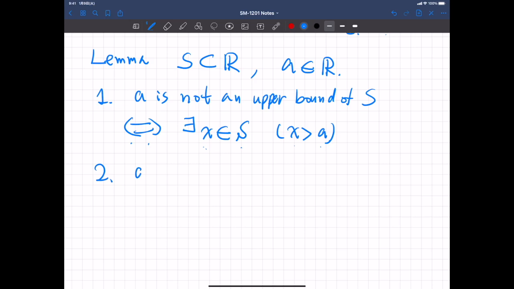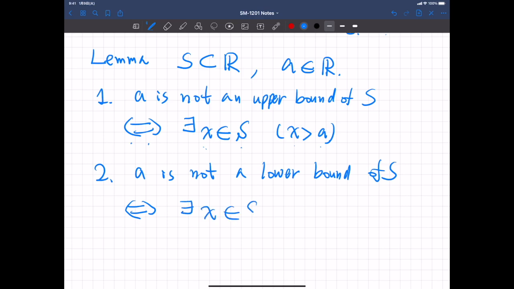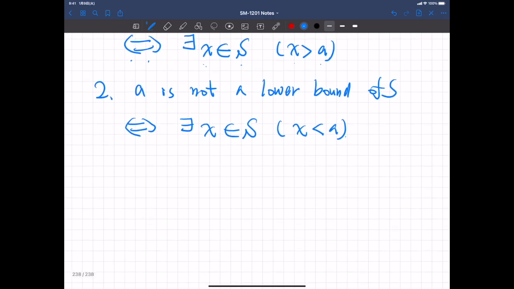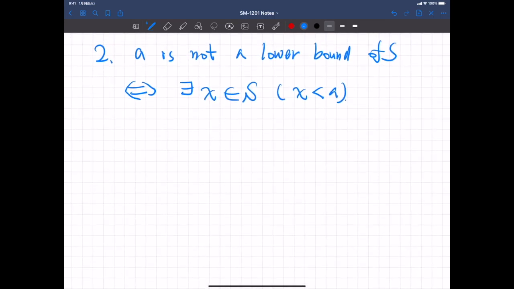And similarly, A is not a lower bound of S if and only if there exists some x in S such that x is less than A. So it's a very similar argument and should be trivial. Okay, so let's move on.